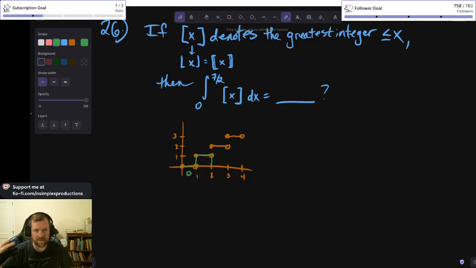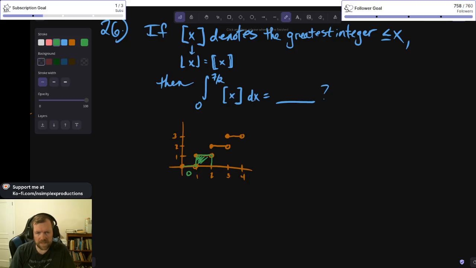So we can have something have an integral over an open area, as long as there's like a finite number of discrete discontinuities. Something like that.